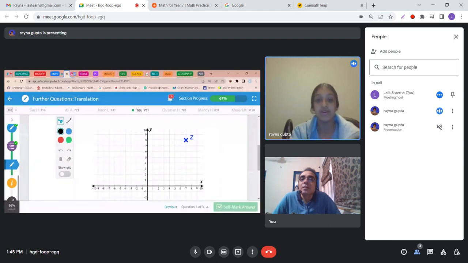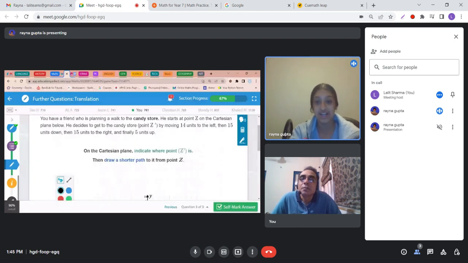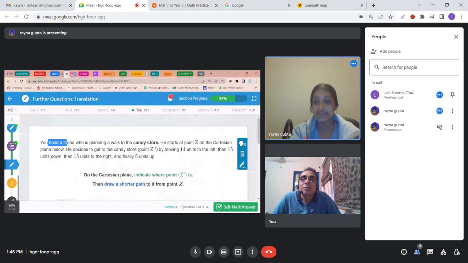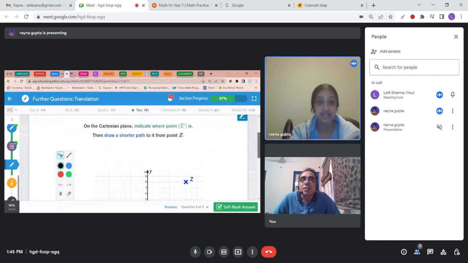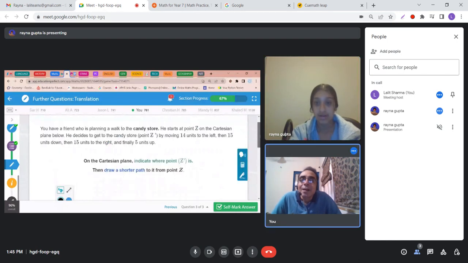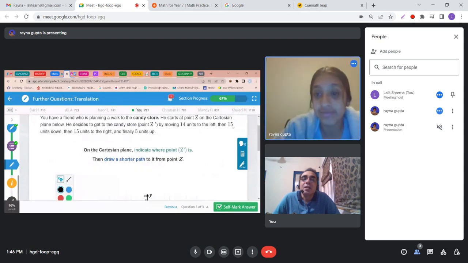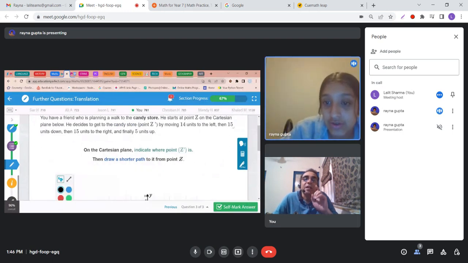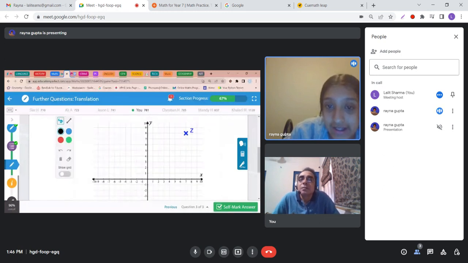Okay. A friend was planning a walk to the candy store. He starts at point Z on the grid below, by moving 14 units to the left and 15 down. Then 15 units to the right and finally 5 units up. So 14 units left, 1, 2, 3, 4, 5, 6, 7, 8, 9, 10, 11, 12, 13, 14.